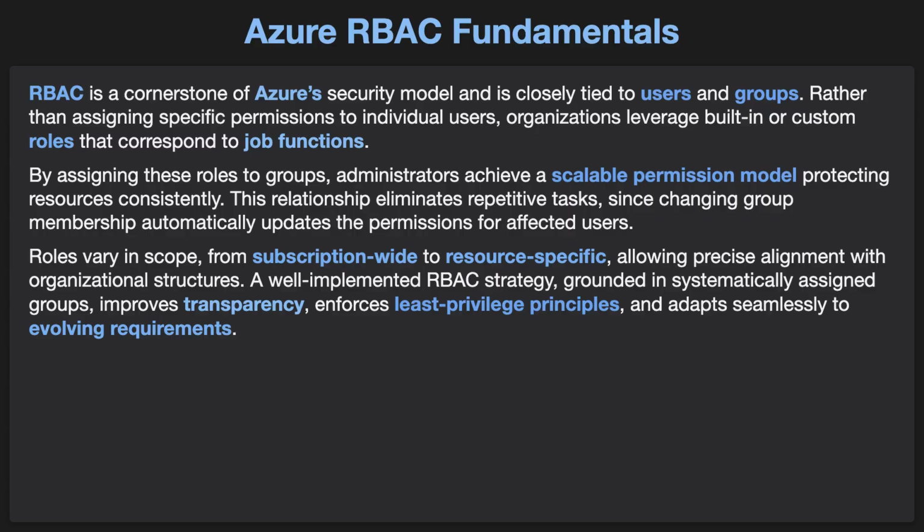This relationship eliminates repetitive tasks, since changing group membership automatically updates the permissions for affected users. Roles vary in scope, from subscription-wide to resource-specific, allowing precise alignment with organizational structures. A well-implemented RBAC strategy, grounded in systematically assigned groups, improves transparency, enforces least privilege principles, and adapts seamlessly to evolving requirements.